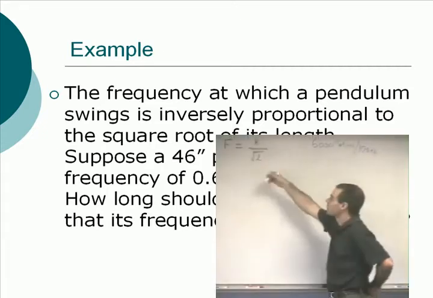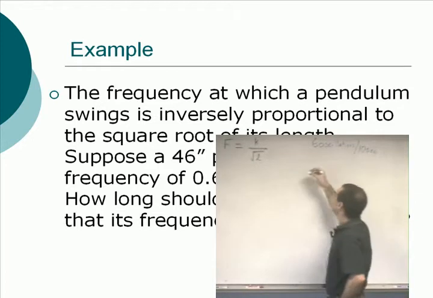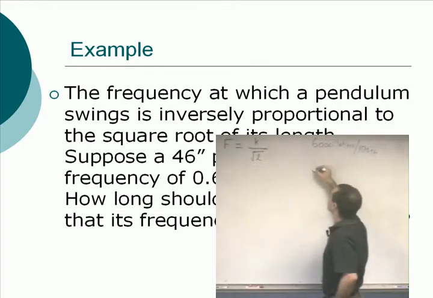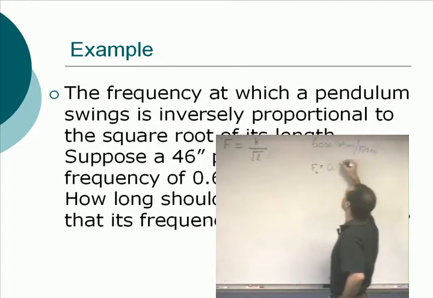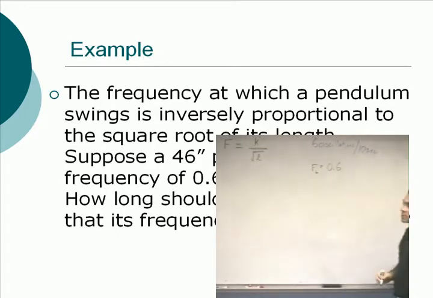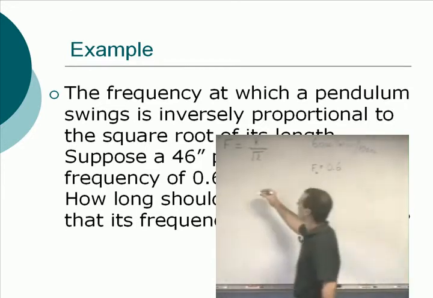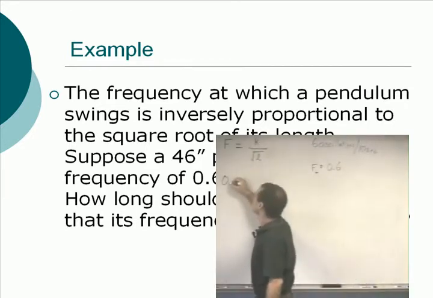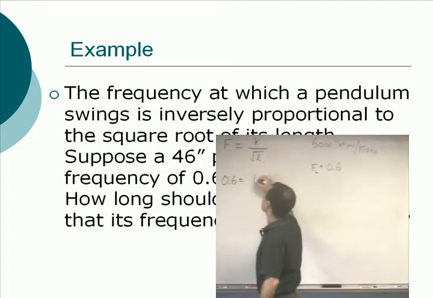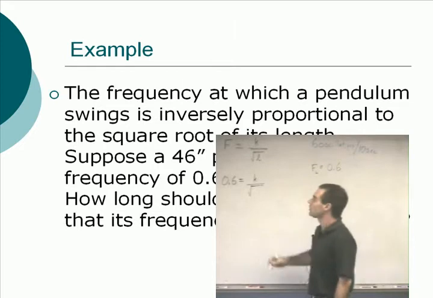Now, here's the structure that we're going to have. We know that our frequency for the long one is going to be 0.6 oscillations per second. So let's fill in what we know and find K. 0.6 is our original frequency, and that equals K divided by the square root of, what's the length for this one? 46 inches.